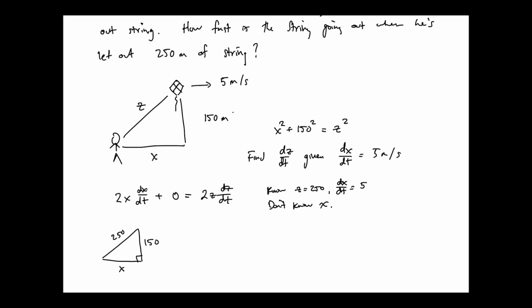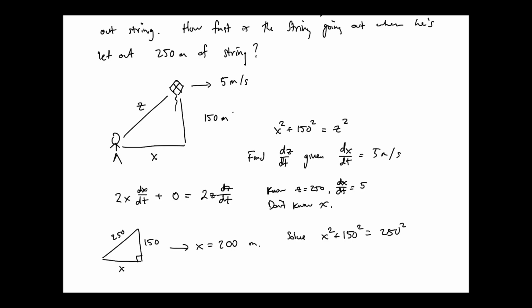Yes? Okay. So what does Pythagoras' theorem say that x is, in this case? It's going to be 200, okay? Now, if you don't recognize that quickly, then just solve x squared plus 150 squared equals 250 squared. But if you think about this for a moment, this is actually a 3, 4, 5 right triangle, right?